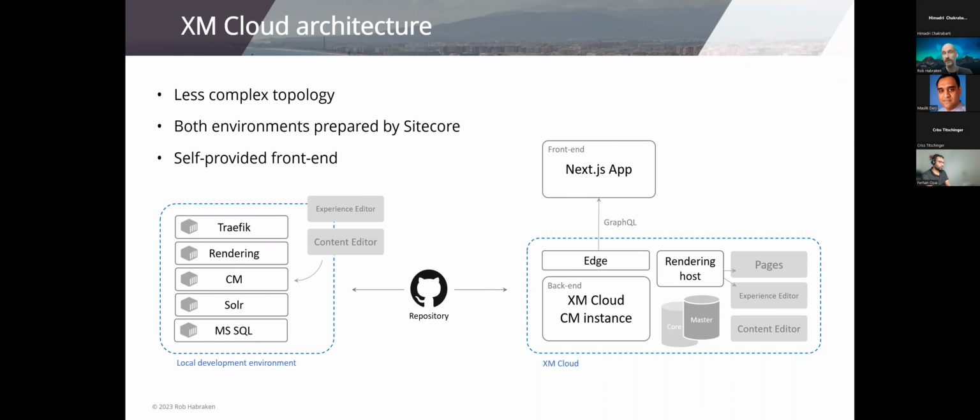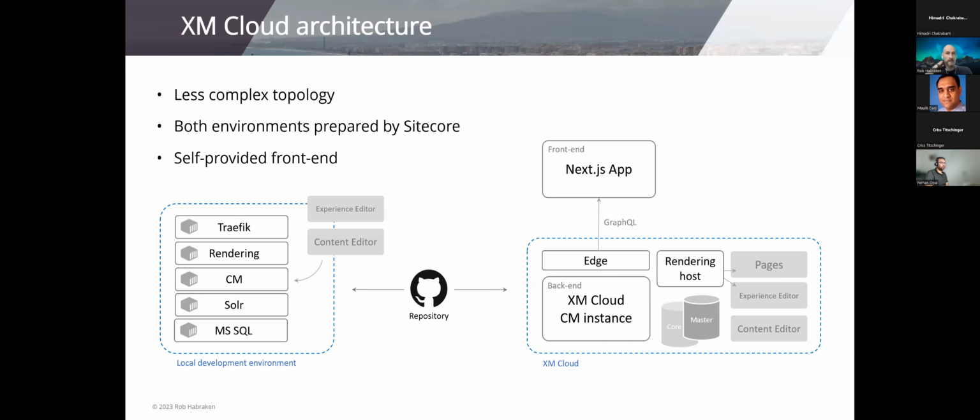You have the local development environment on your left and the XM Cloud environment on your right. And actually both are provided by Sitecore. XM Cloud is obviously provisioned by Sitecore. So it's an online portal where you can log in and where you can deploy to.